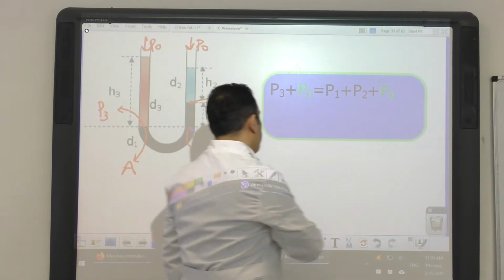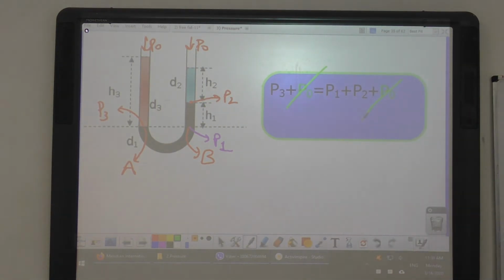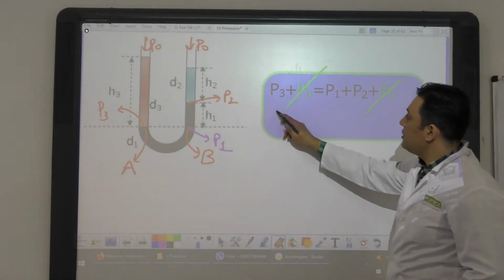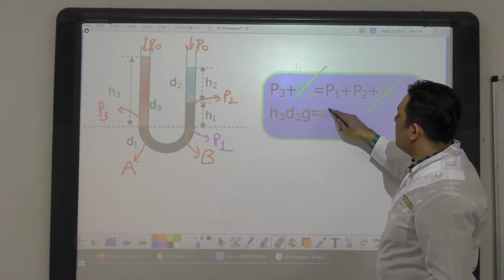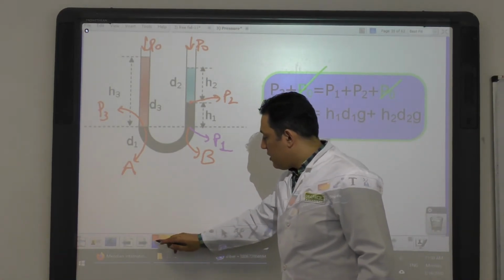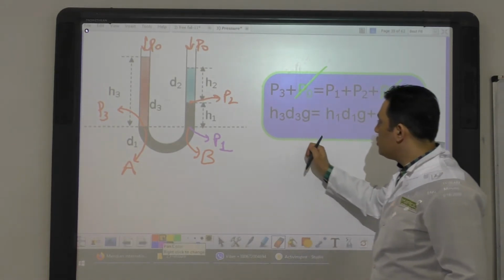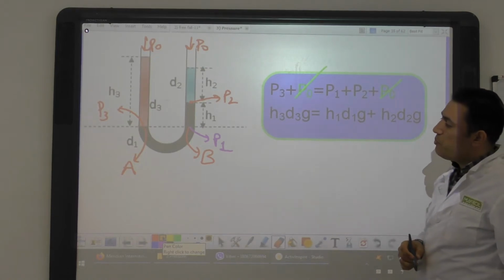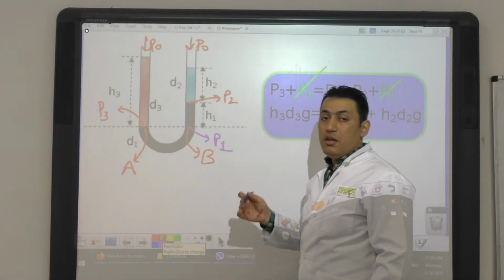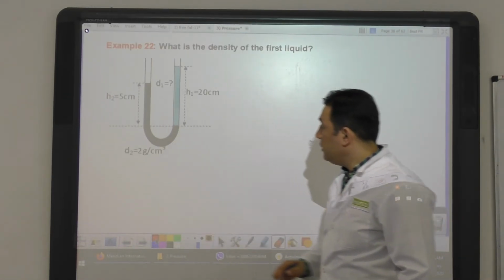Since P0 is on both sides of the equation, we can easily simplify. Basically, P3 will be equal to P1 plus P2. And this is the equation with which I can calculate the pressures at point A and point B in the same liquid.